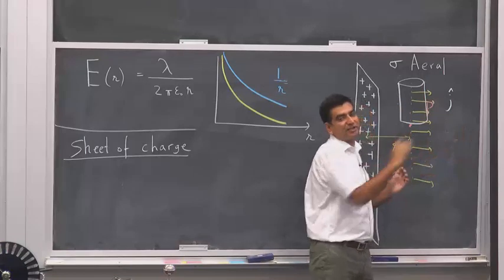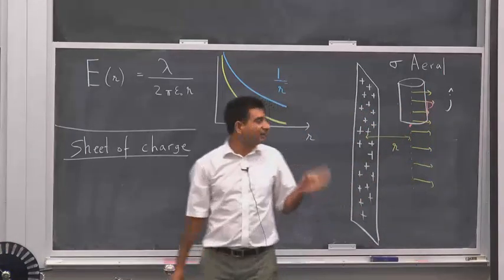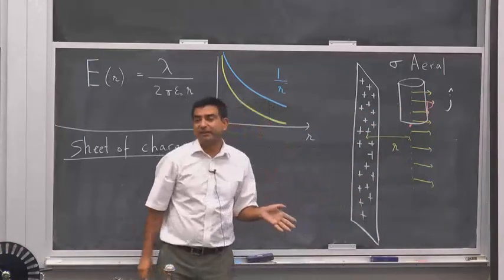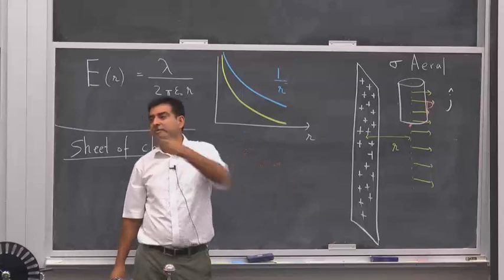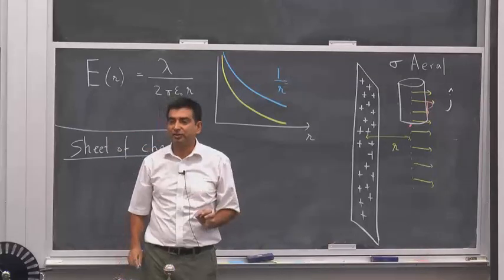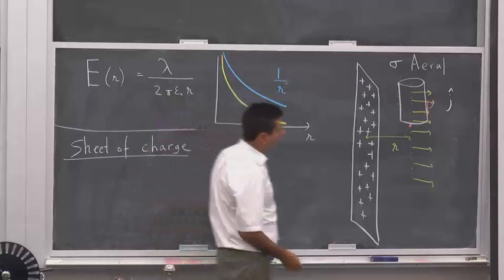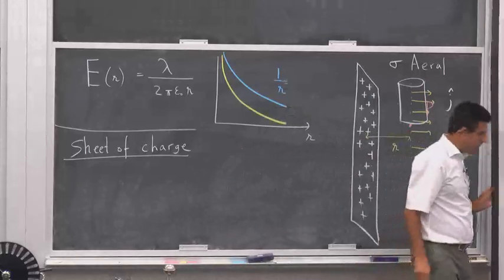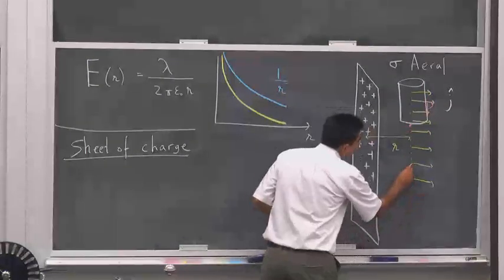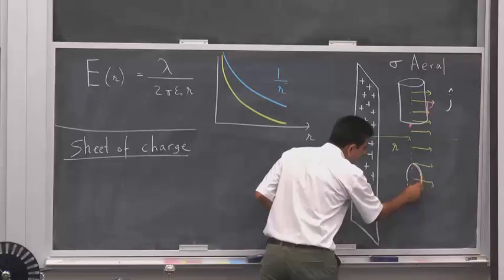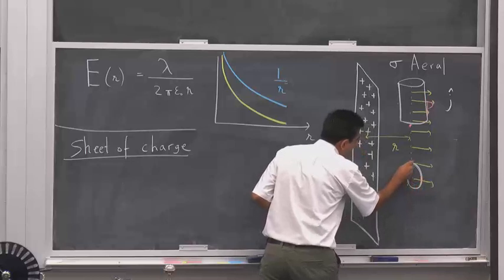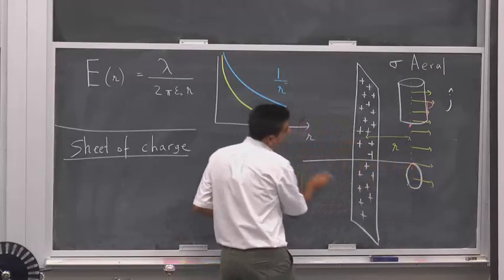They're not pointing in the j direction. So we will draw a Gaussian cylinder, but it's not going to be vertical. It is going to be horizontal. So what we would like to draw, I hope you can see what I'm drawing here. I would draw a cylinder which of course has two ends.